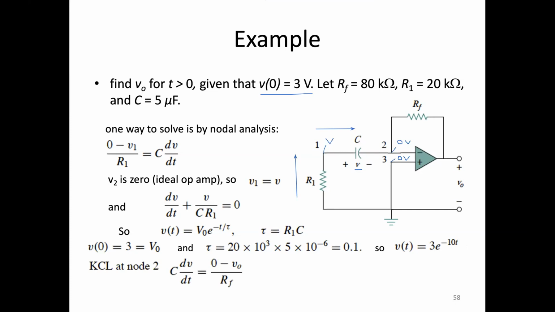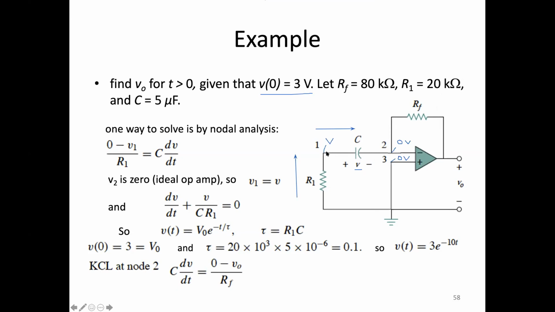So this is a source-free first order op amp circuit. And so we can easily apply KCL at node number 2. So in other words, the current flowing from node 1 to node 2 is equal to the current flowing across the feedback channel. Why? Because there's no current flowing into the op amp. So any current that makes it to this point is going to be guaranteed to take this feedback path.